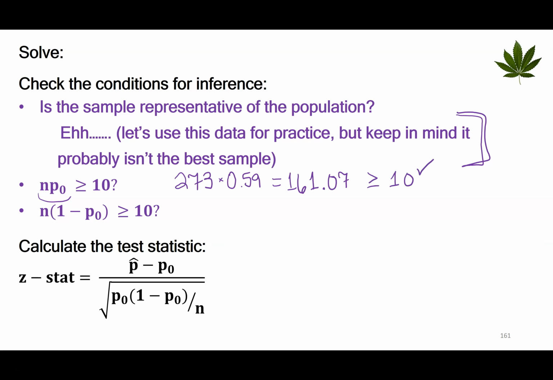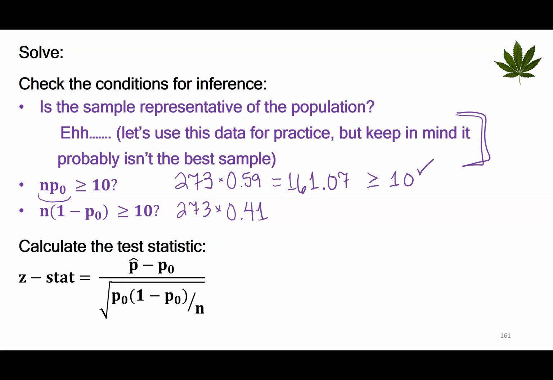This is good. Then I want to know, if I would expect around 161 successes, and I'm totally doing air quotes here, would I expect at least 10 failures? And hint, yes, because 161 plus something is 273. That something is definitely bigger than 10. So 273 times 1 minus p naught, so 0.41.